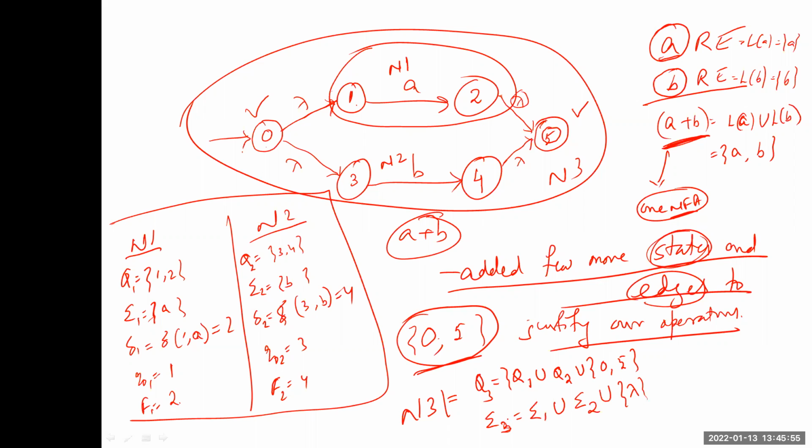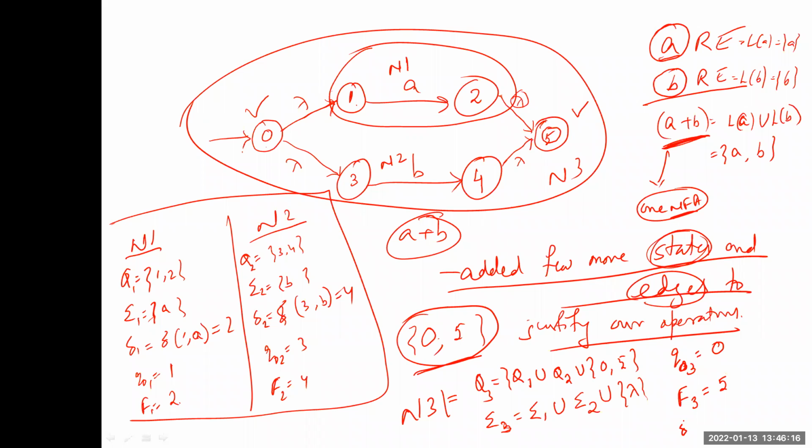What is the new initial state? Q naught 3, which is 0. What is the final state? 5. We are defining it directly, we are not computing it.